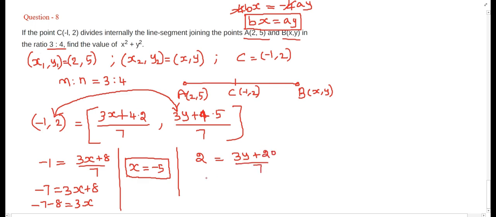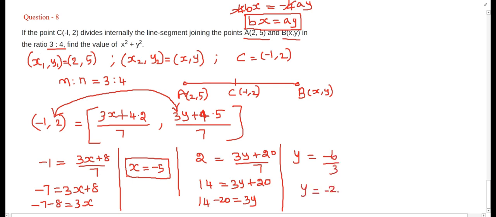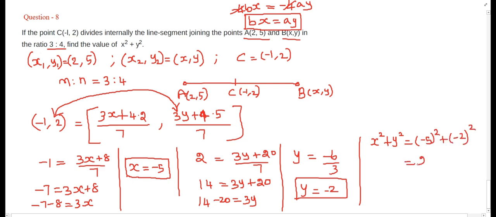So 7 times 2 is 14, which equals 3y plus 20, so 14 minus 20 equals 3y, then y equals minus 6 by 3, that is y equals minus 2. So we need the value of x square plus y square, which is equal to (minus 5) whole square plus (minus 2) whole square, that is 25 plus 4, which is equal to 29.